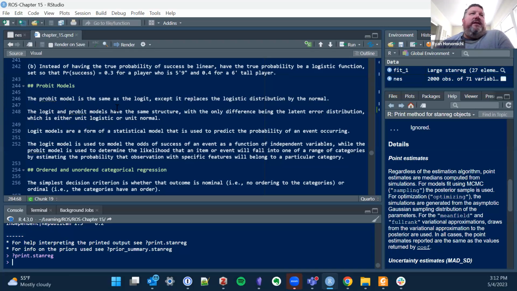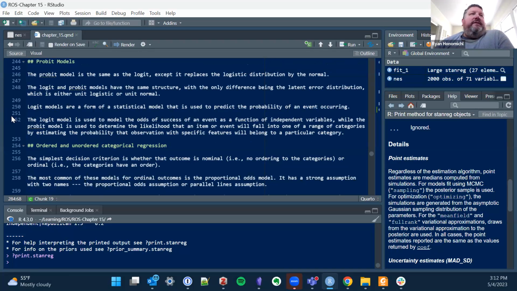Okay, the probit model is the same as logit, except it replaces the logistic distribution by the normal. The only difference between the two is that they have this latent error distribution, which can either be logistic or unit normal.